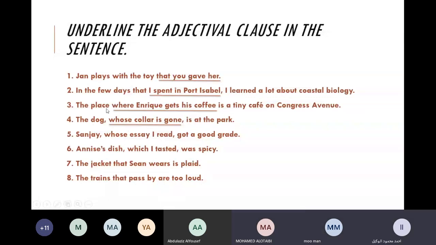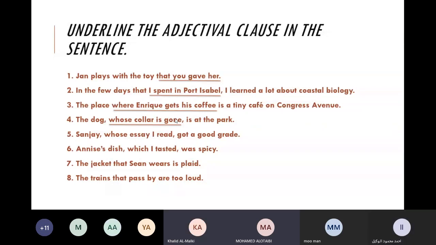It means that it just gives you extra information, one that you can remove from the sentence. You do not need it. So the needed information in the sentence is that the dog is at the park. I can just ellipse the whole subordinate clause. I don't need it.